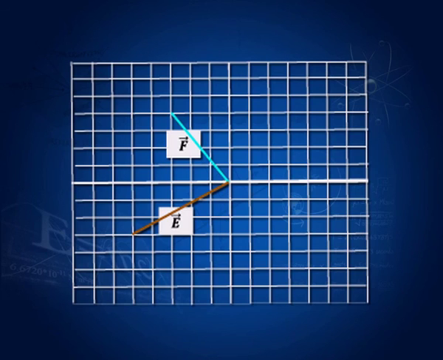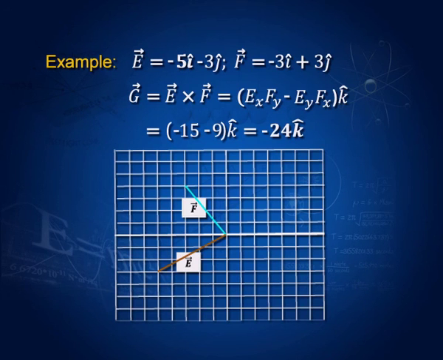Let us take another example. Here we have in this diagram vectors E and F, and vector E is minus 5 times i cap minus 3 times j cap, and F is minus 3 times i cap plus 3 times j cap, and the vector G, the product vector, is perpendicular to both E and F, and E and F are in the xy plane.